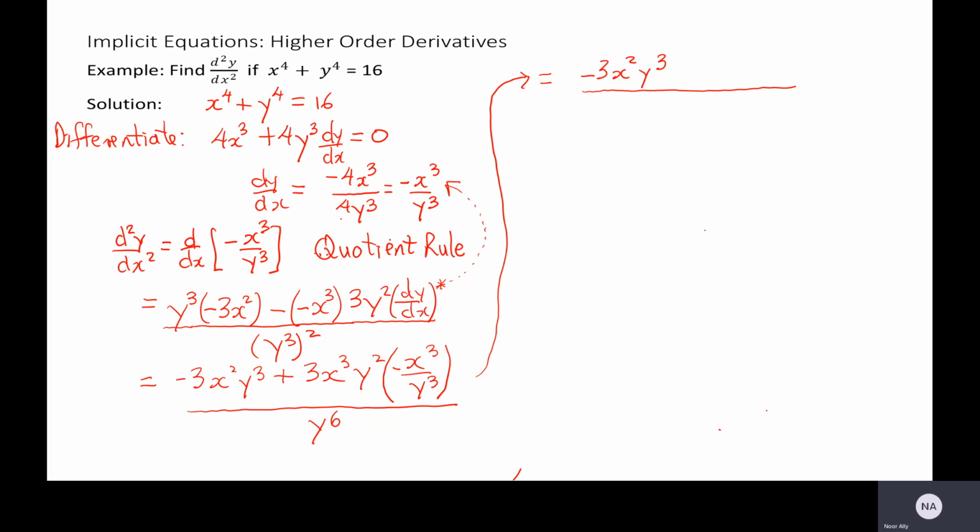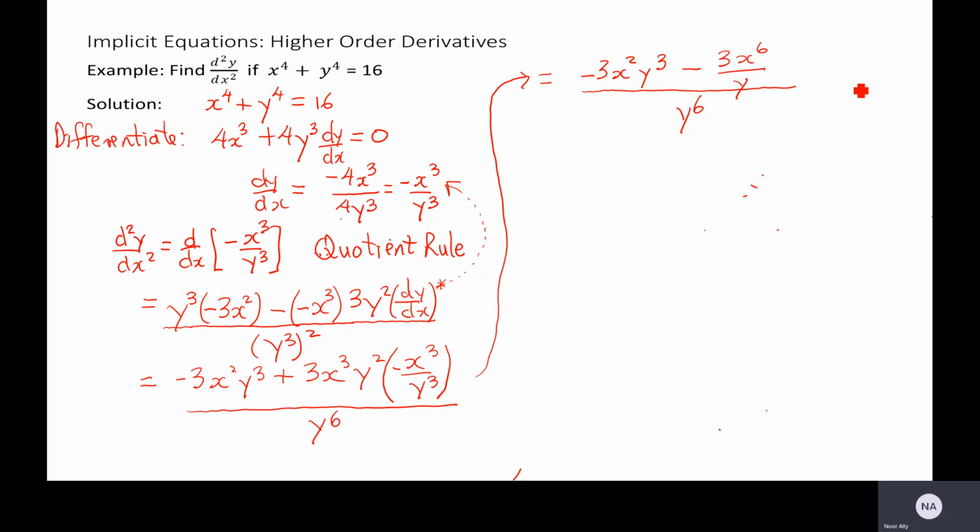The second term, we can cancel off y squared with y cubed, and then watch the sign. And x cubed times x cubed, that gives me 6, so that will be 3x to the 6. Divide that by y, and that is all divided by y to the power 6.